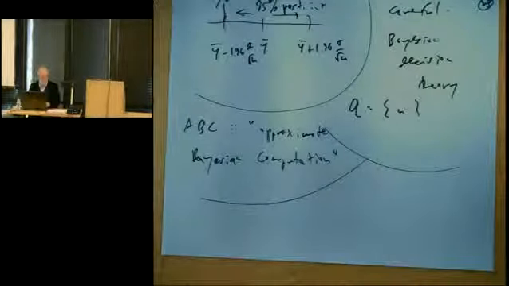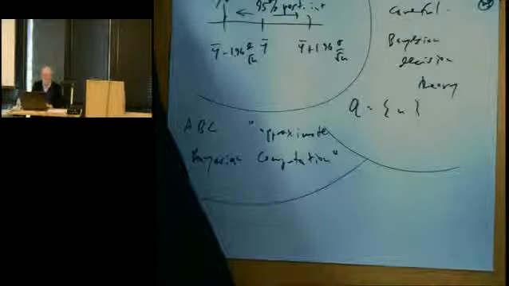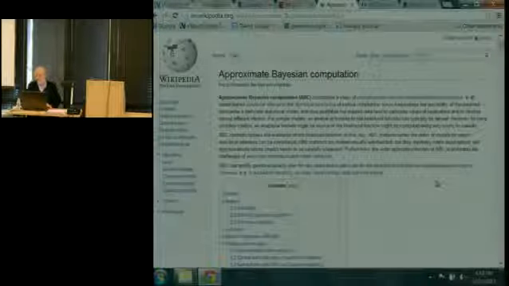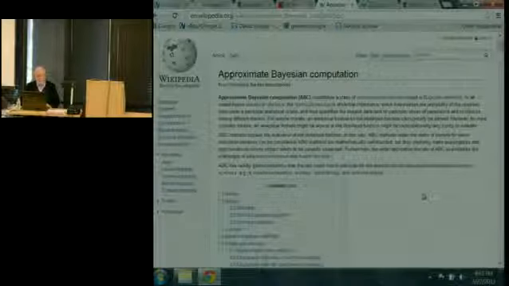So if we go and type in ABC approximate Bayesian computation, there's already a Wikipedia page about it. As it says here, ABC methods bypass the evaluation of the likelihood function. In other words, they're not likelihood-based at all.